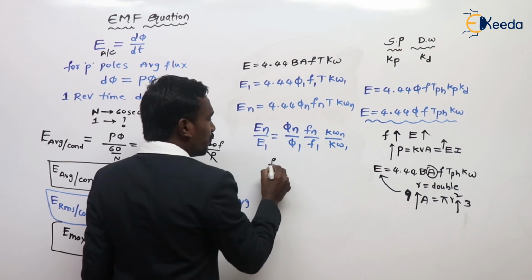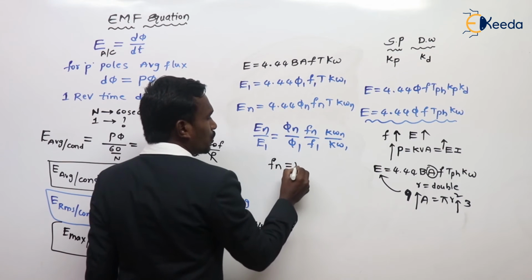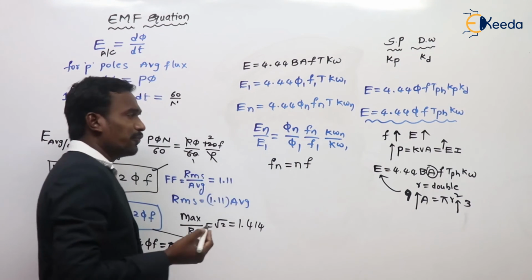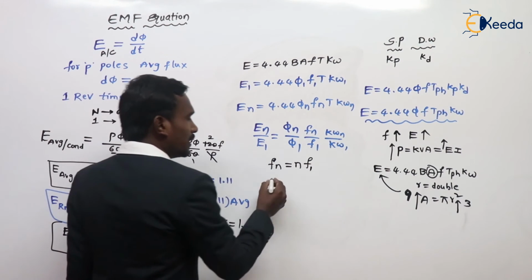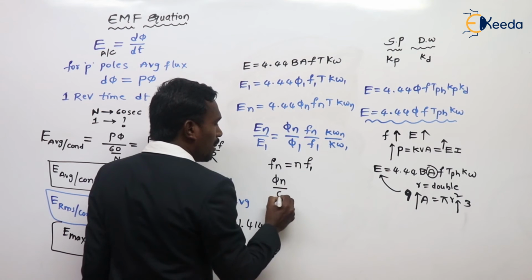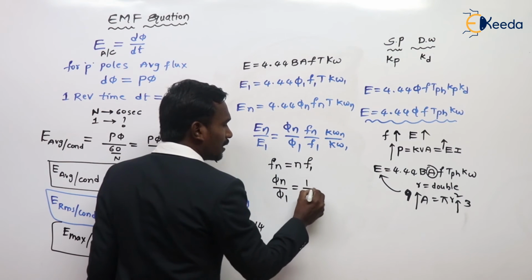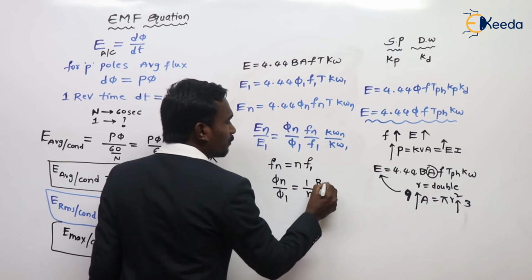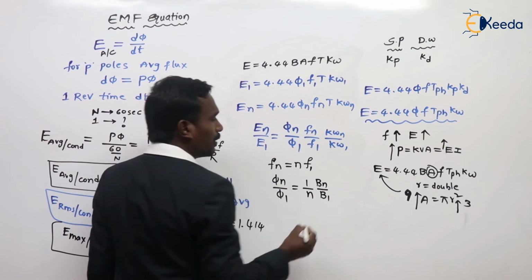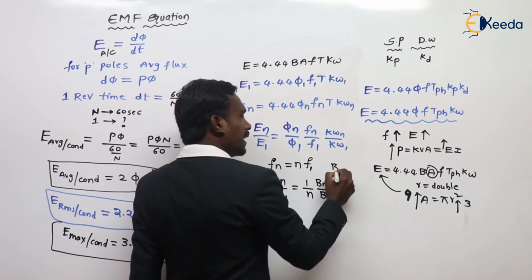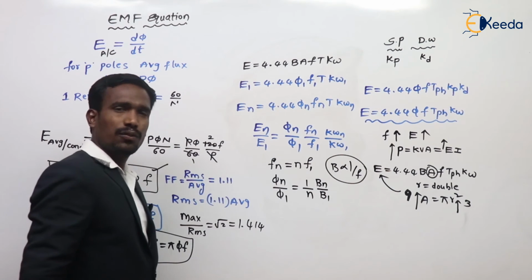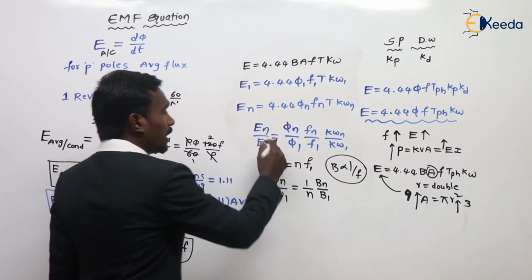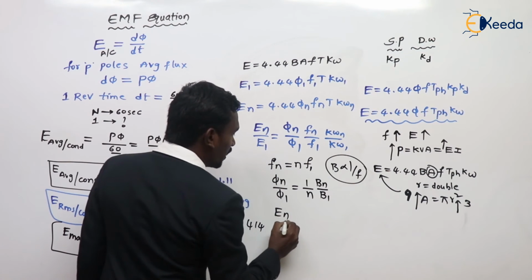Here Fn is equal to n times F1, and phi n upon phi 1 can be written as 1 by n times Bn upon B1, because in general B is inversely proportional to frequency. So tell me, what is En upon E1?